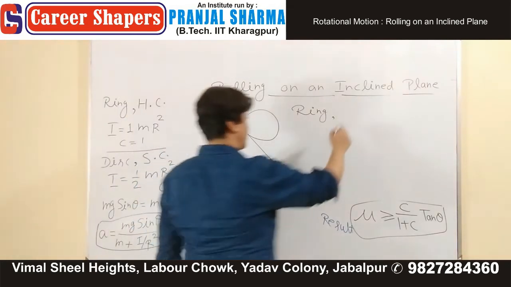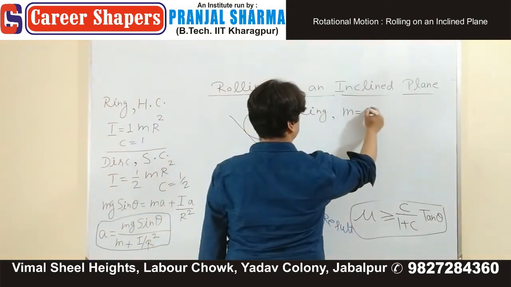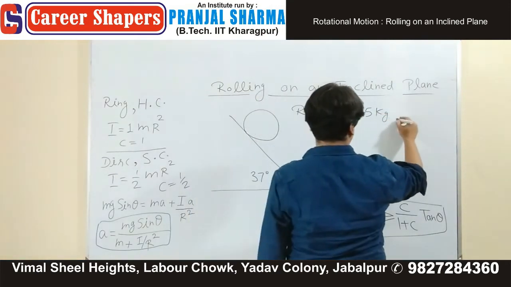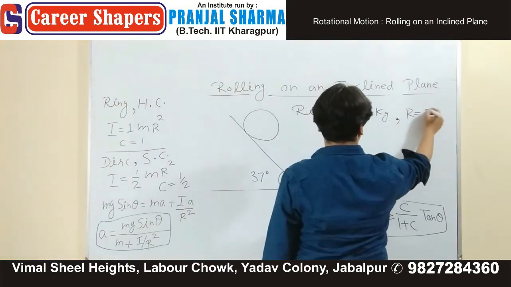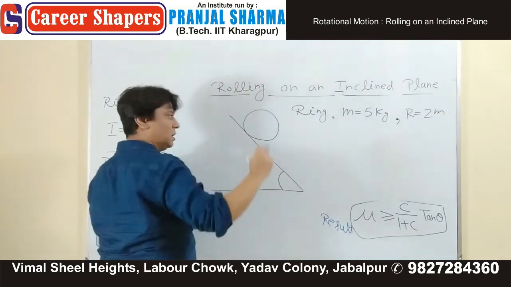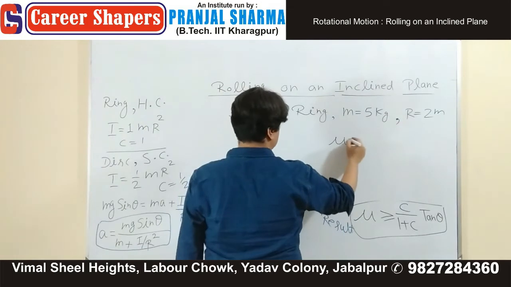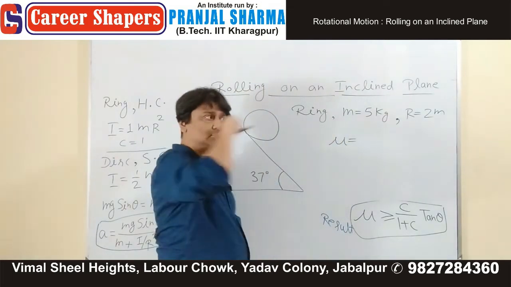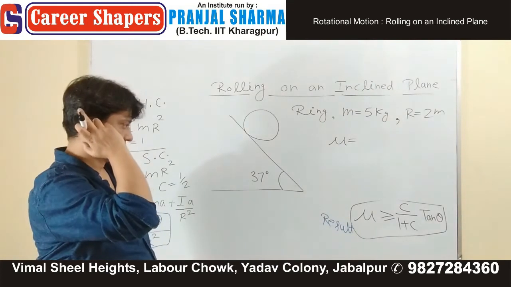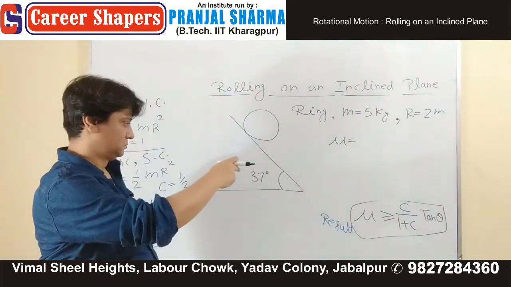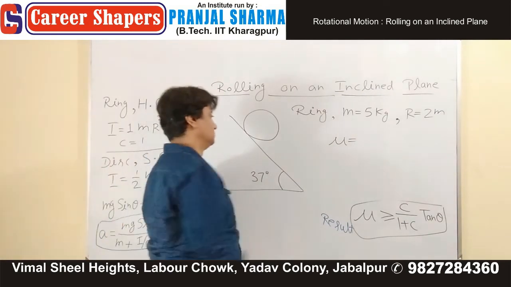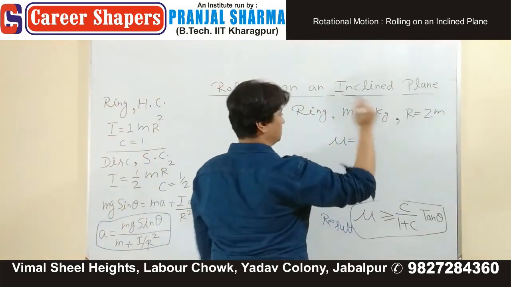Its mass is 5 kg. Radius is 2 meters. Mu is 0.1.